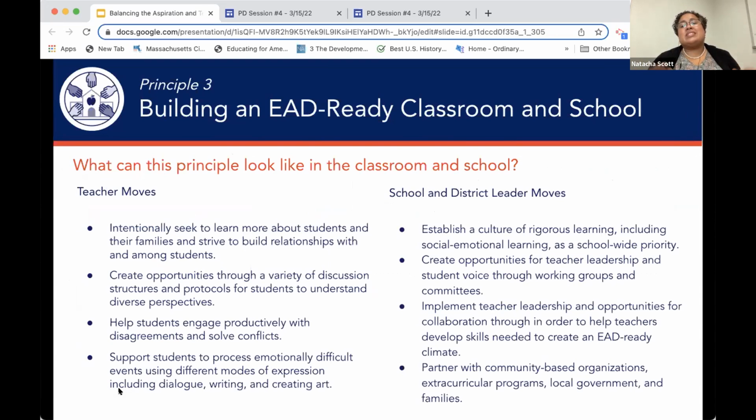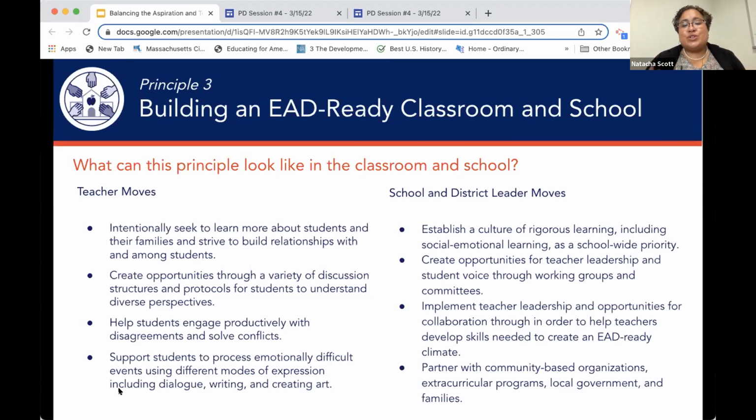And part of the reason that I really wanted to highlight Principle 3 today, building an EAD ready classroom and school, is as we think about these conversations, as we try to balance the aspirations and the tensions of history and getting these different perspectives, there's going to be times when there are some tough conversations and hard histories that you have to engage in.